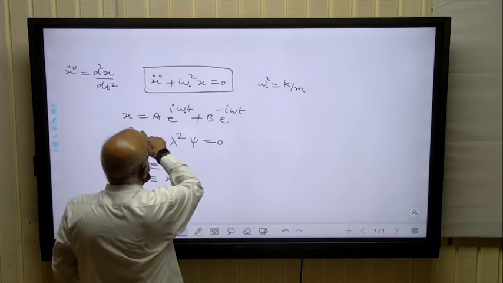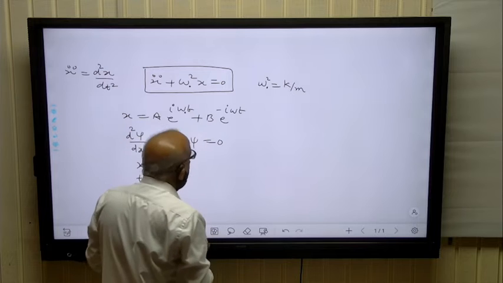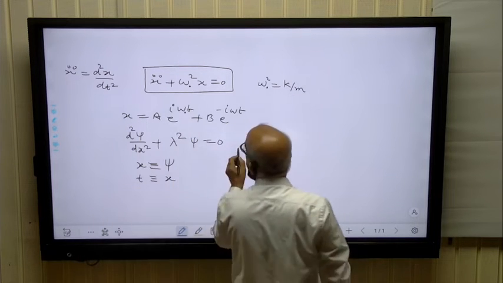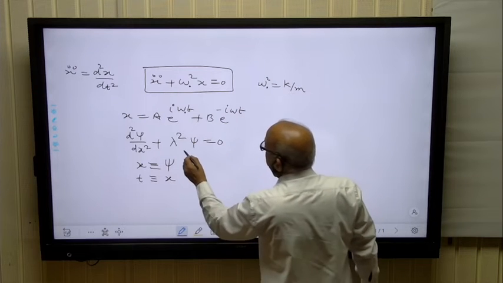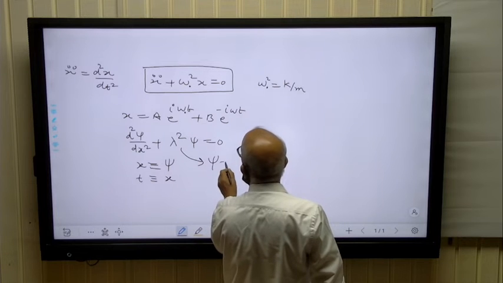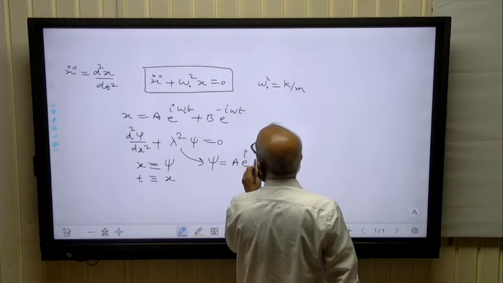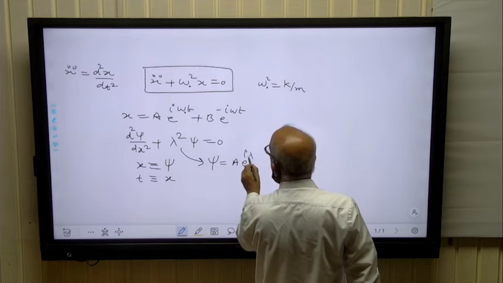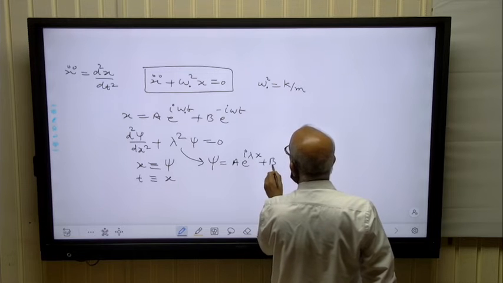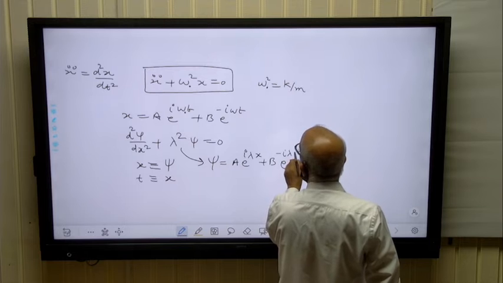If its solution is this, then this solution will also be identical to this. So, what will be the solution? We can write: psi is equal to a e raised to power iota lambda x, the variable being x, plus b e raised to power minus iota lambda x.